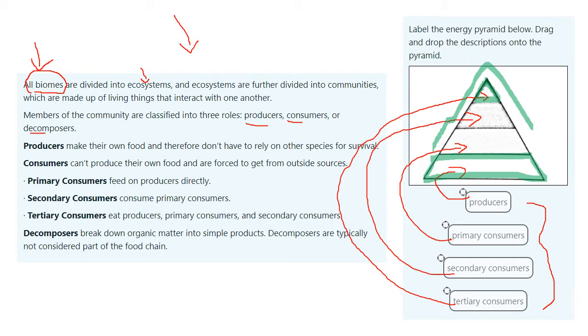At each level, the organisms need to use about 90% of the energy to conduct their daily processes, their movement, their reproduction, their growth. Only 10% of the energy is stored and available to the next level. So that's why at each level there are fewer and fewer organisms, because at each level there is less and less energy being passed up.